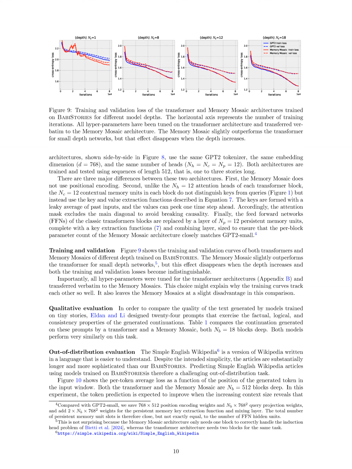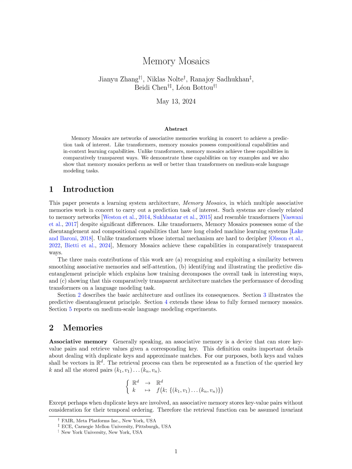Furthermore, the memory mosaics dominated the REGBENCH benchmark, outperforming transformers, recurrent neural networks, and state space models for training set sizes covering 3 orders of magnitude. These results highlight the effectiveness and potential of memory mosaics in handling language modeling tasks.